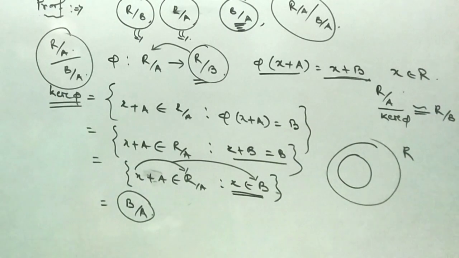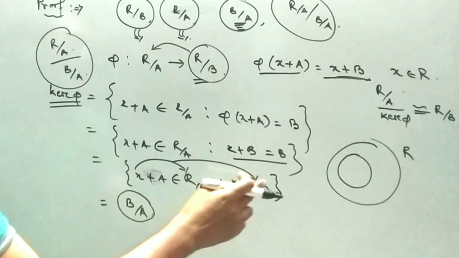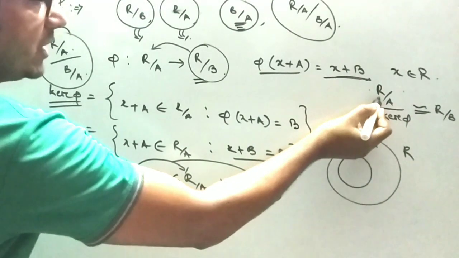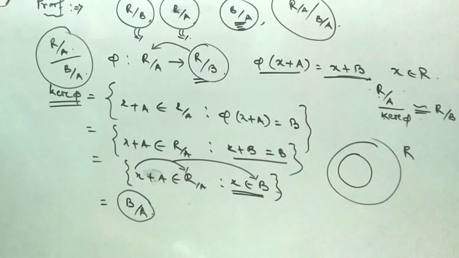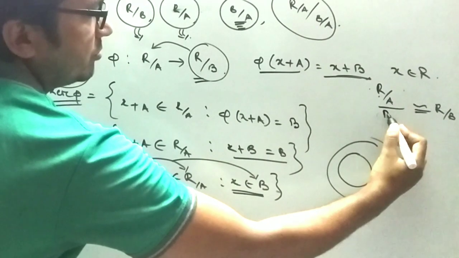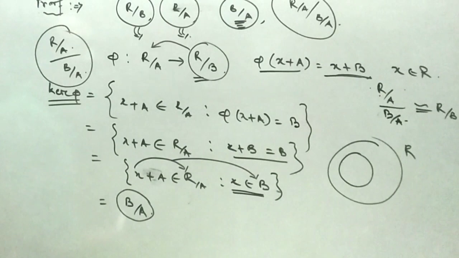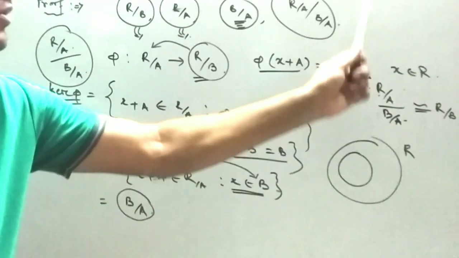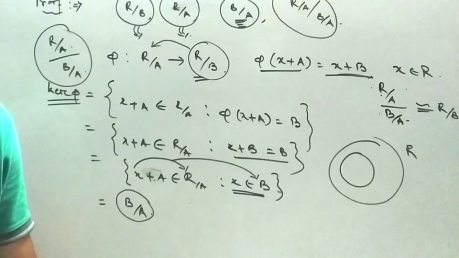Now by using the first isomorphism theorem, we say that (R/A)/ker phi is isomorphic to R/B. Okay, and here we put ker phi equals B/A. Then we get the proof of the third isomorphism theorem of ring.